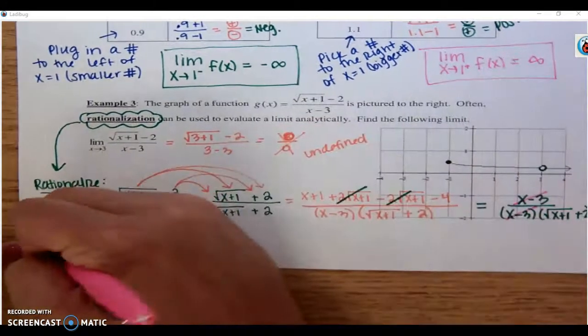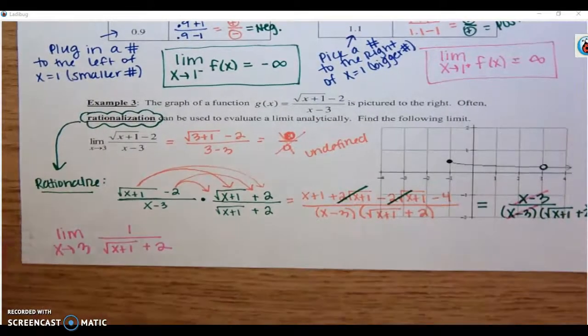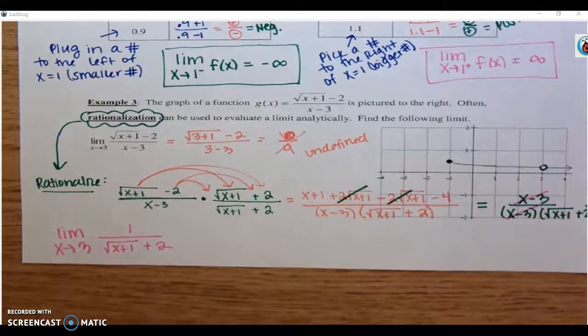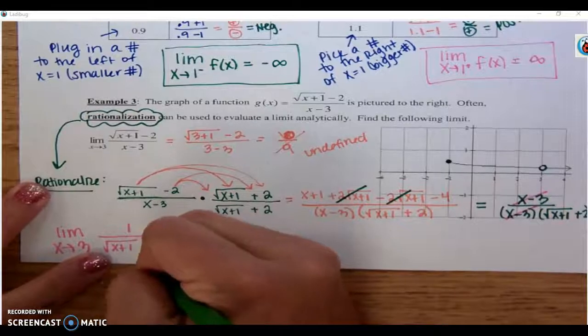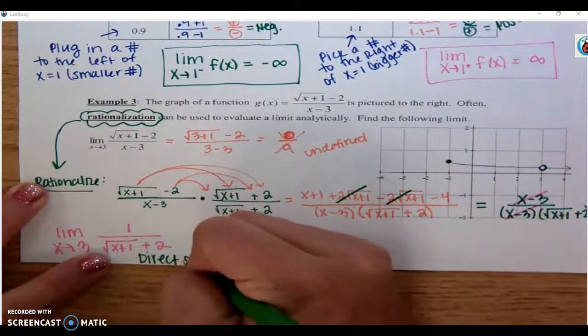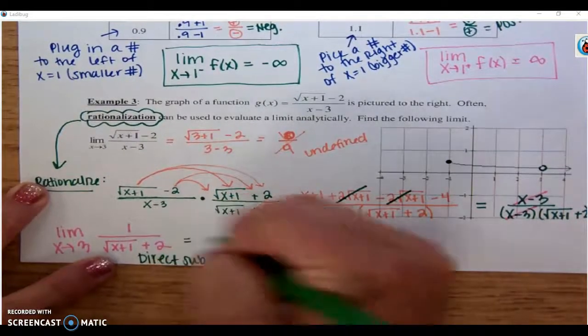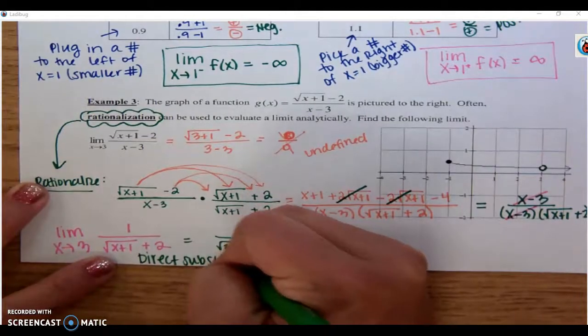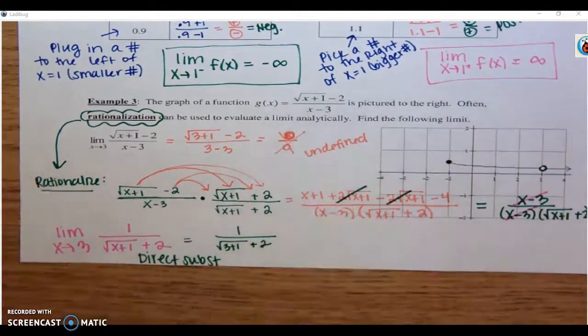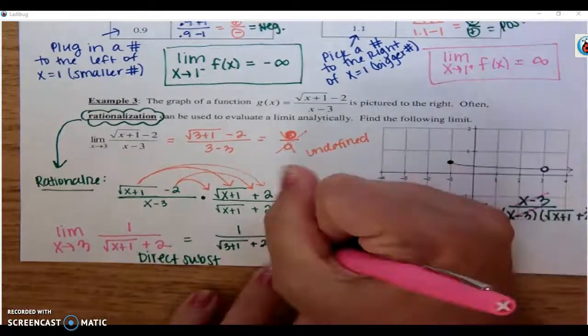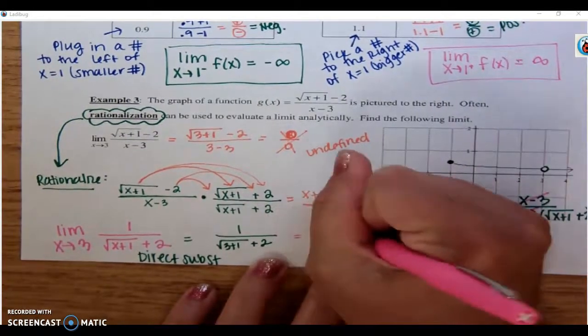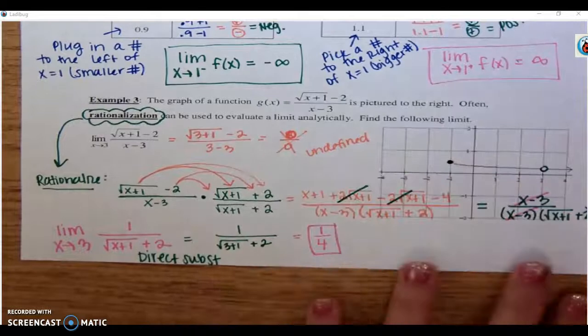And we're finding the limit as x approaches 3. Well, now that we've made our limit into something like this, now we can use direct substitution. And we're going to just plug in that 3. So we're going to end up with 1 over 4, which makes sense.